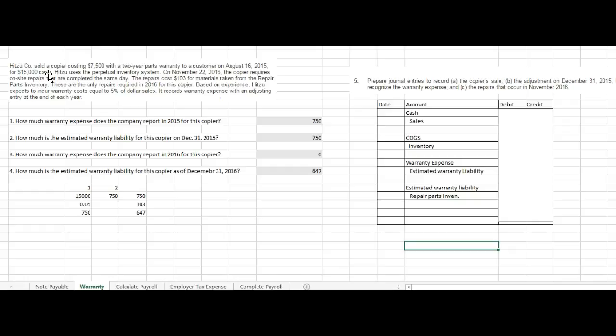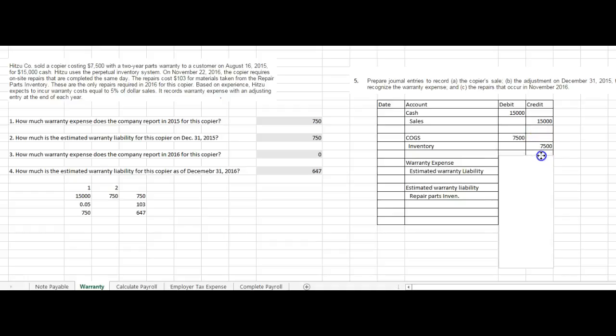They use a perpetual inventory system, so we know they're going to show 2 entries at the sale: the sale and the cost that goes out of inventory. That's this very first entry. We show a sale at $15,000, then a cost of goods sold, taking it out of inventory.